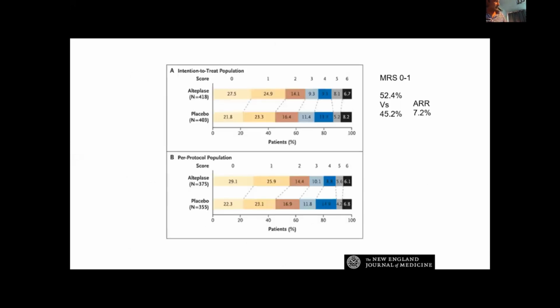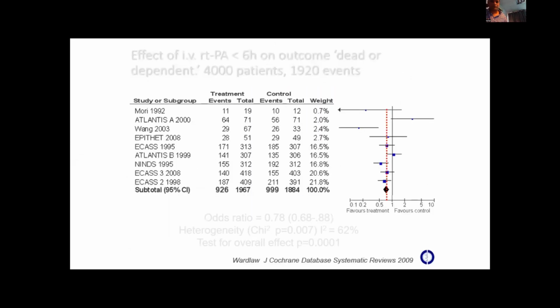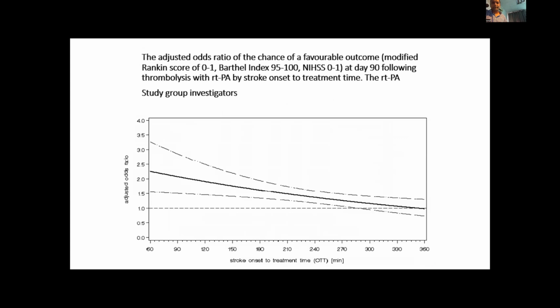And this is the same thing about mRS scores. This is just looking at a head-to-head on lots of trials with IV TPA within 6 hours, and they all show some degree of favourable outcome. And the odds ratio is just there too.